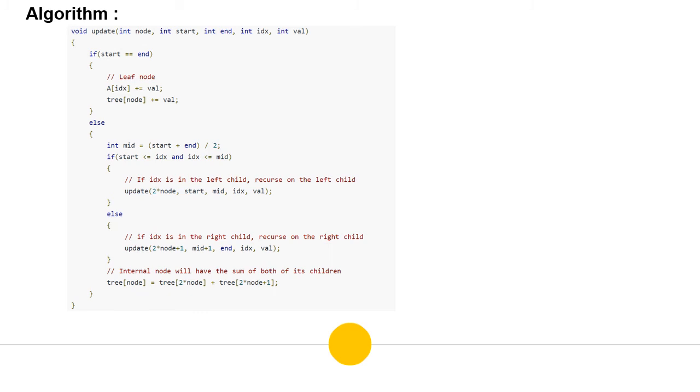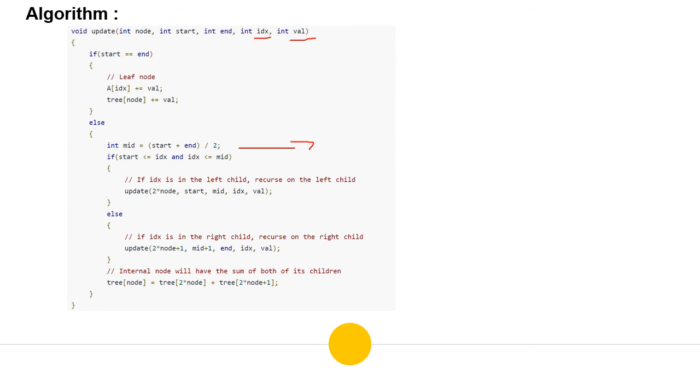So to understand the algorithm of the update query, the update query has two inputs from the user, which are the index and the new value which has to be updated. First, initially we'll check for the condition whether the node is present or not. Then we find the mid element by adding start and end, and we divide it by 2.